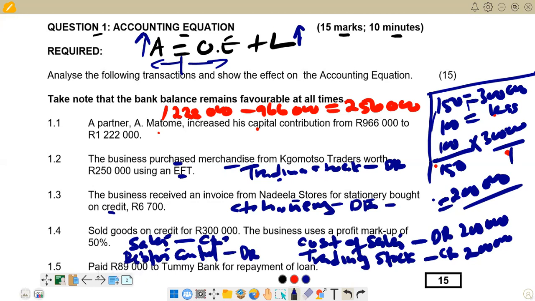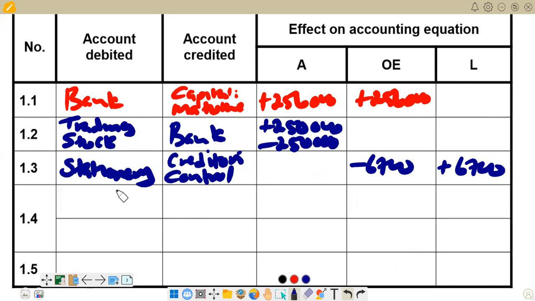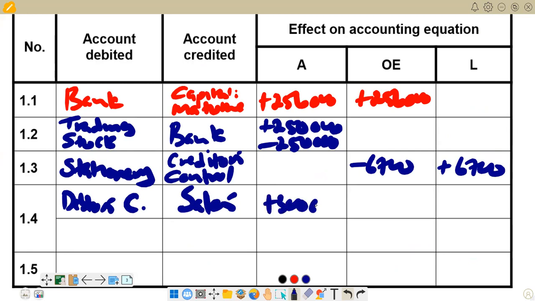So these are the two double entries that we are going to summarize there. Now we've got two sections that we are given. On the first, we are debiting debtors control, and then we are crediting sales. And remember, the effect on the accounting equation: debtors control is an asset. When we debit an asset, we increase, so we are going to see a plus 300,000, its selling price.